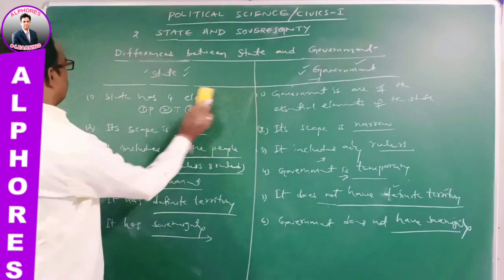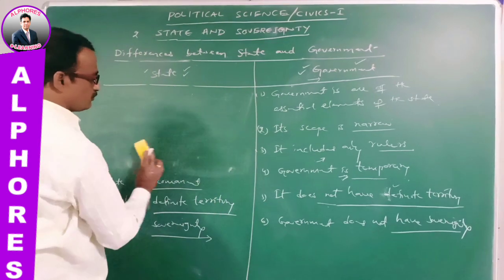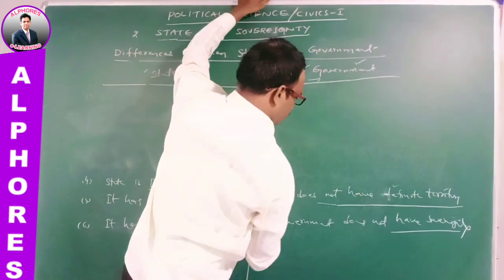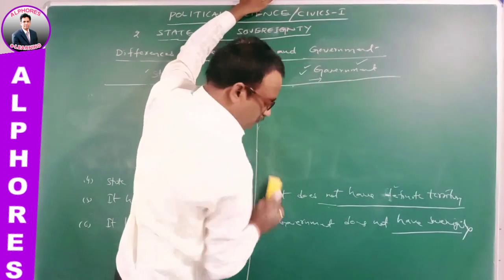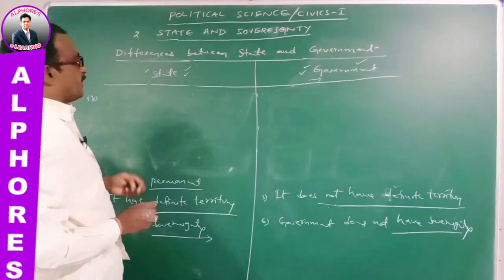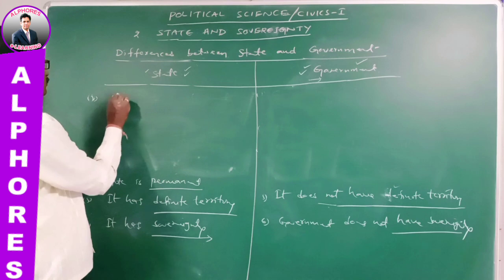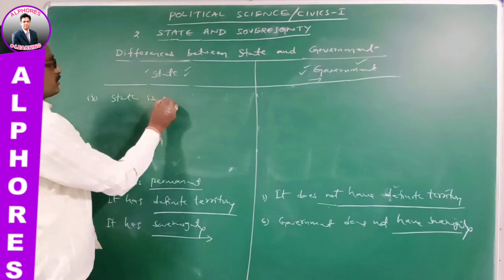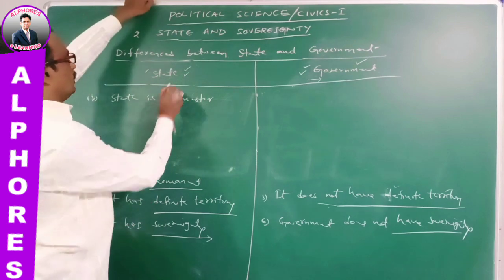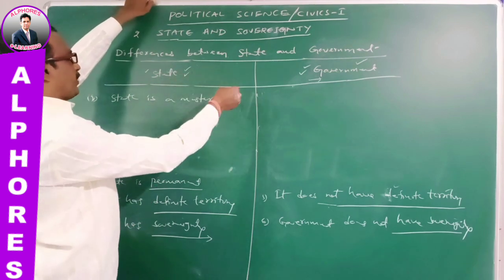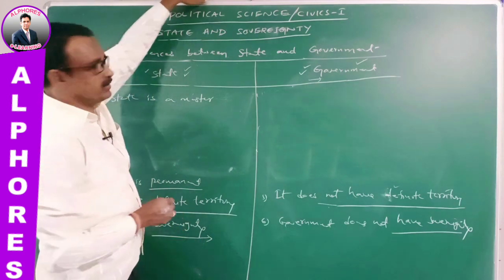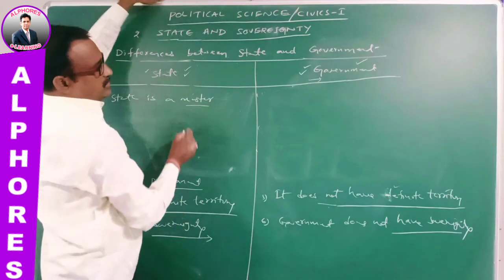So, some more differences. State is like a master. State is a master because it has the power to place and replace any government, and so it is a master.